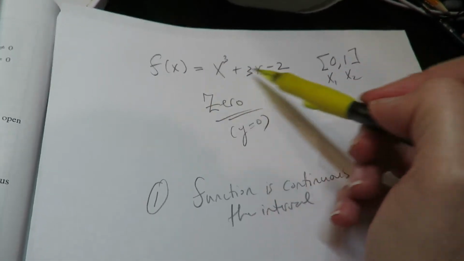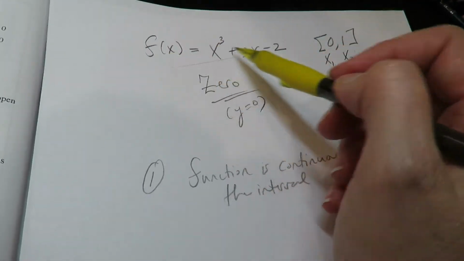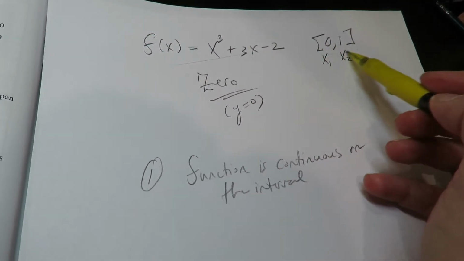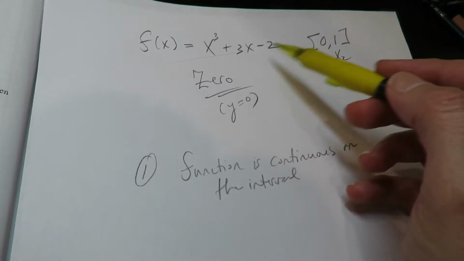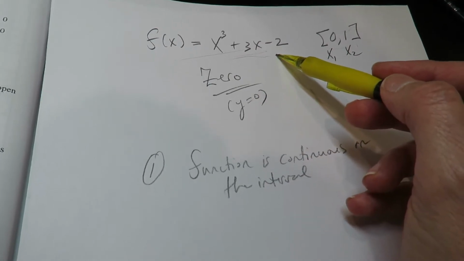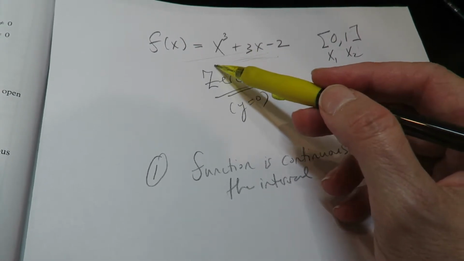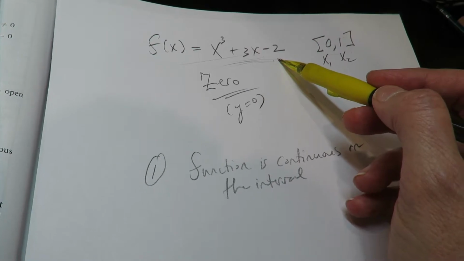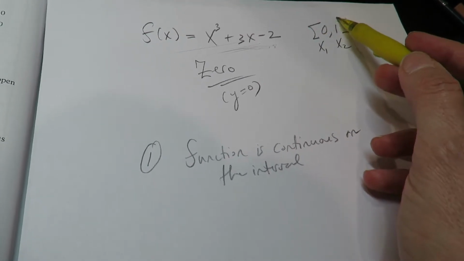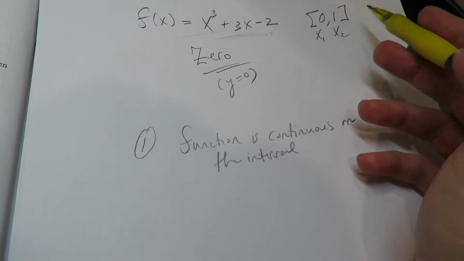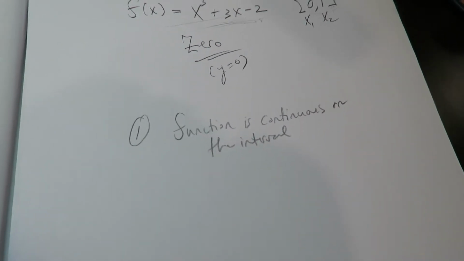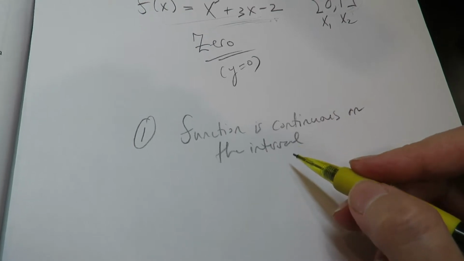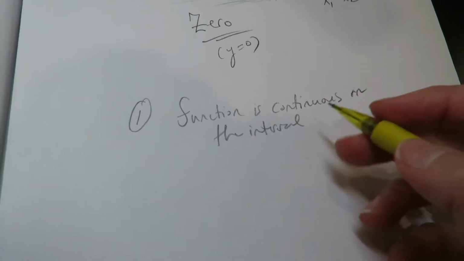Just in general, you may have a discontinuous function, but as long as it's continuous on the segment you're looking at, you're fine. You can apply this theorem. This is a polynomial, and they're continuous everywhere, so this in general has no discontinuities in it. But we're analyzing it in between this spot. So that's the first thing you want to say, because the function has to be continuous on the interval to apply the intermediate value theorem.